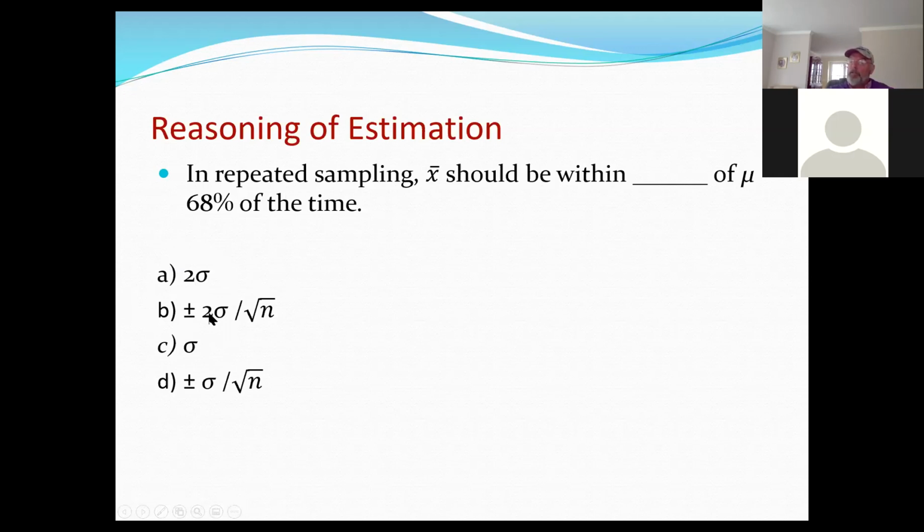That's 95%. In this case, we're looking for a z-score that is consistent with 68%, and that's 1 standard deviation away from the mean. So which one of these would be the right answer?